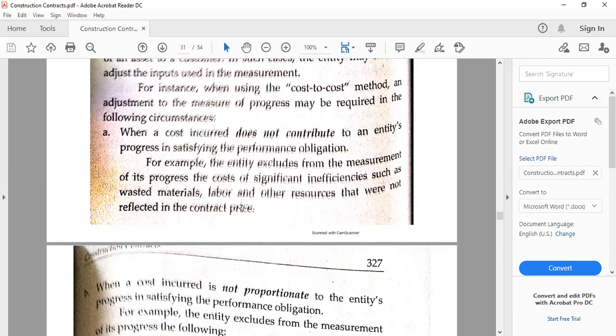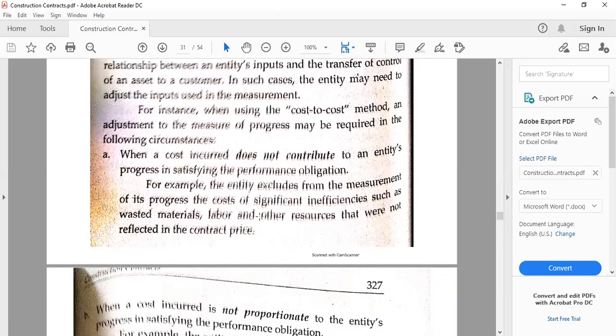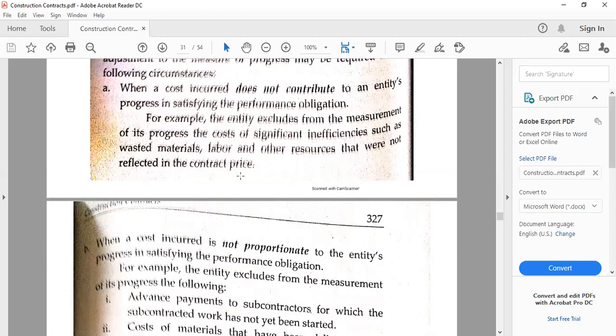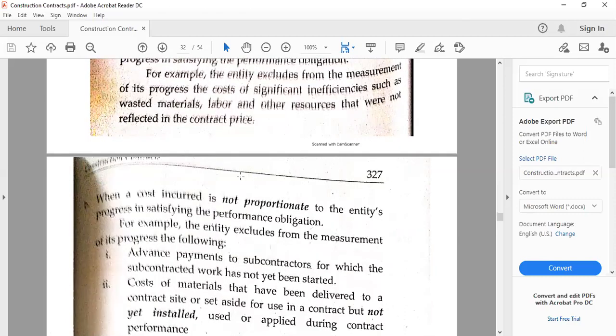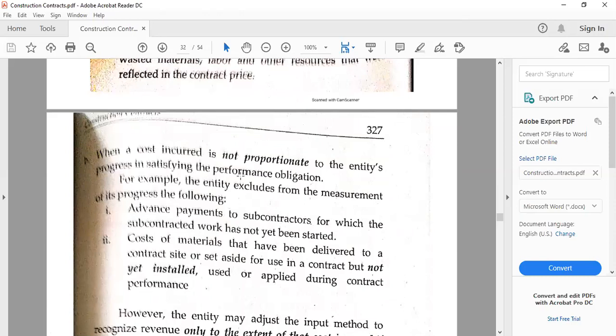It is okay if there are normal waste costs or normal cases where there are some mishaps or errors committed in the construction, but they should be normal. Otherwise, if abnormal, they should not form part of the costs for the construction of the asset. Some would say construction costs, to simplify, or contract costs.